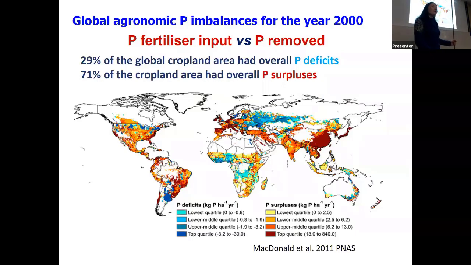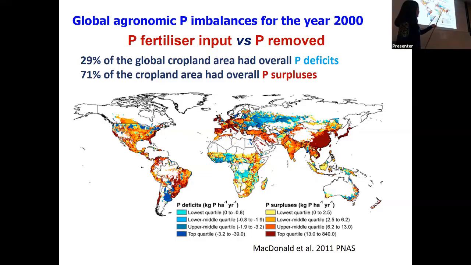In the cropland area, often the phosphorus fertilizer input and the phosphorus removed from the field are imbalanced. If the phosphorus fertilizer input is less than the phosphorus removed, that can cause the issue of P deficit. But the other way around, if the phosphorus fertilizer input exceeds the phosphorus removed, that can lead to phosphorus accumulation in the field, causing the problem of phosphorus surpluses.